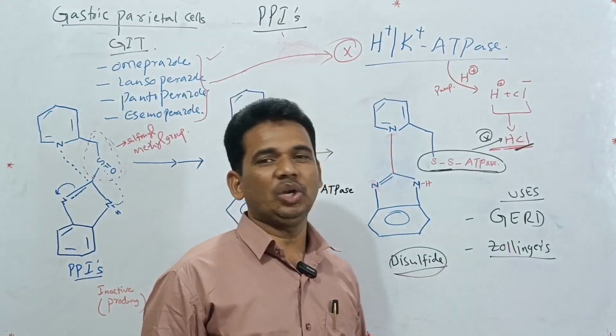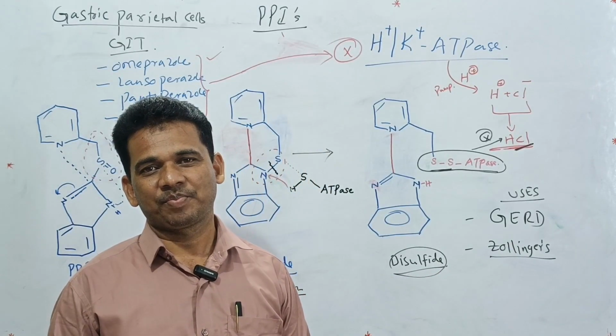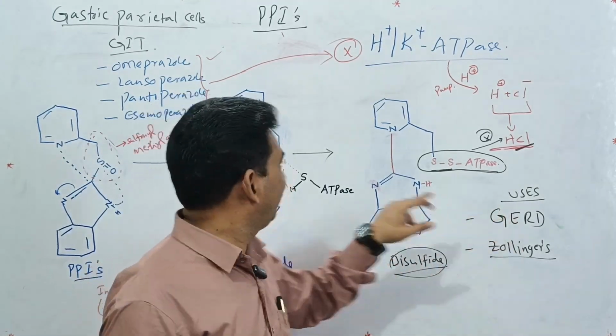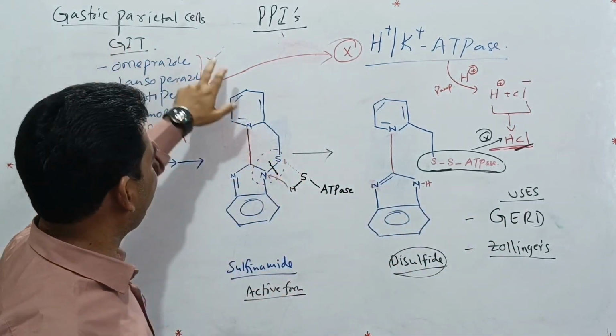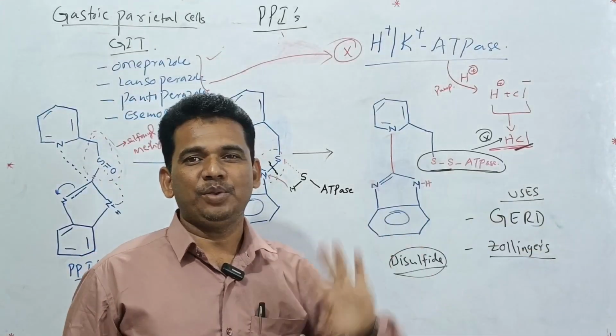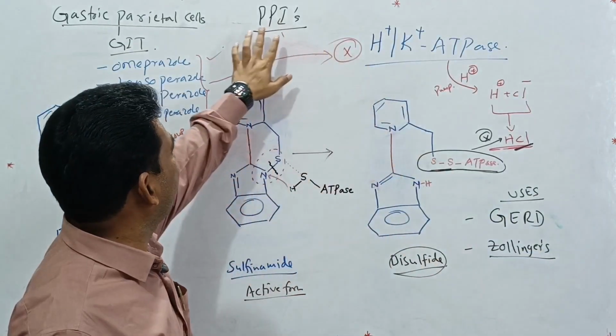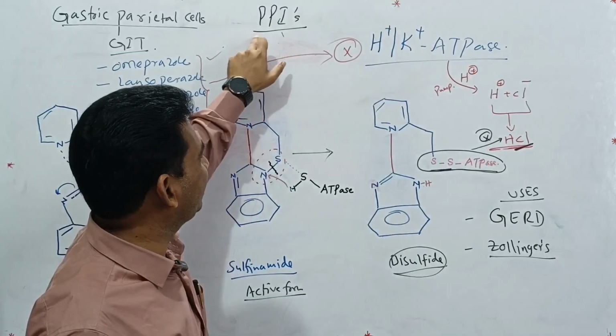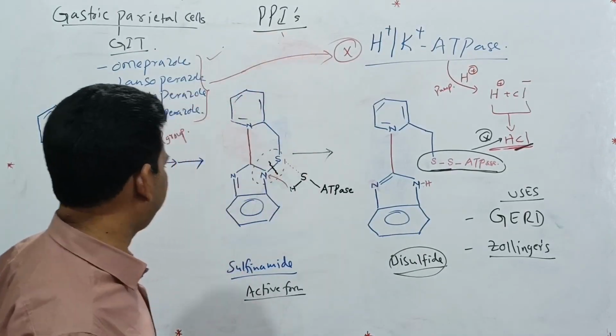If you remember these two uses, then for all the drugs you can write the same uses, because they prevent the proton pump. That's why they are called proton pump inhibitors.